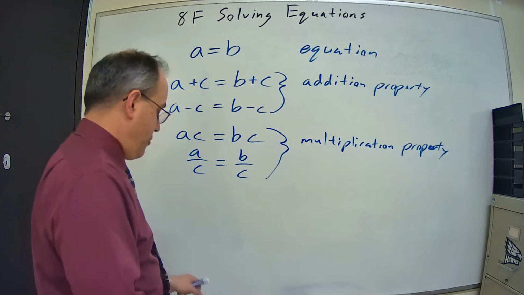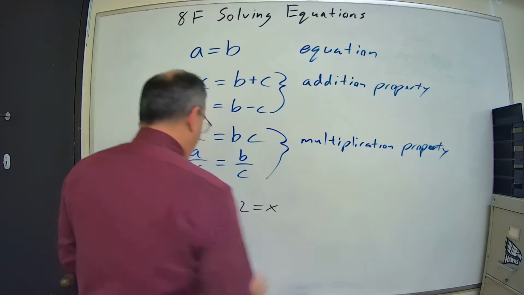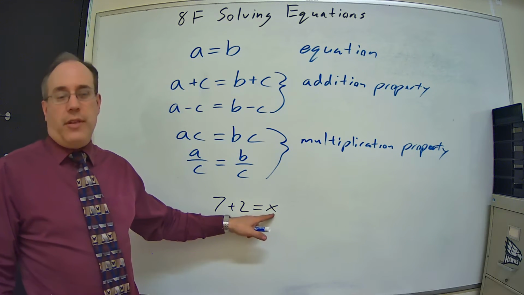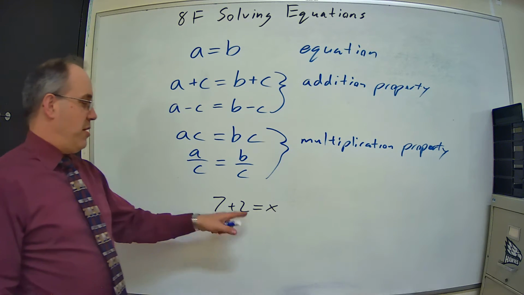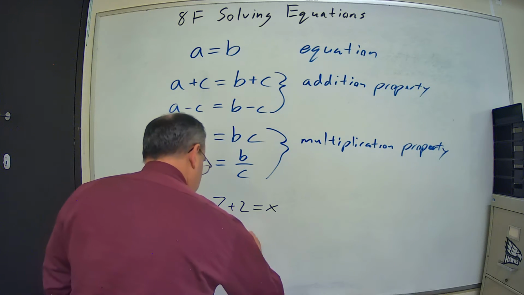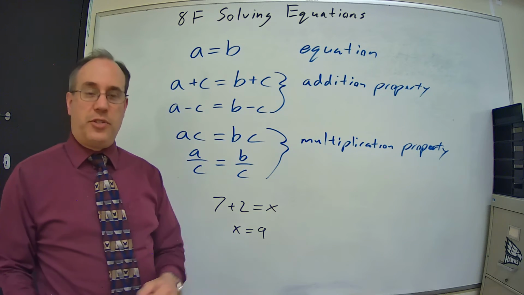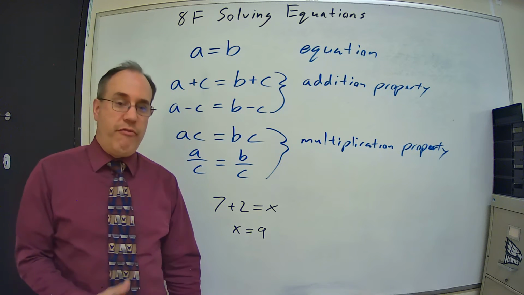When we say that, we're actually going 7 plus 2 equals x, right? Equals what? Well, x, okay. So 7 plus 2 equals x, so x is equal to 9, because 7 plus 2 is 9, so 9 is equal to x.